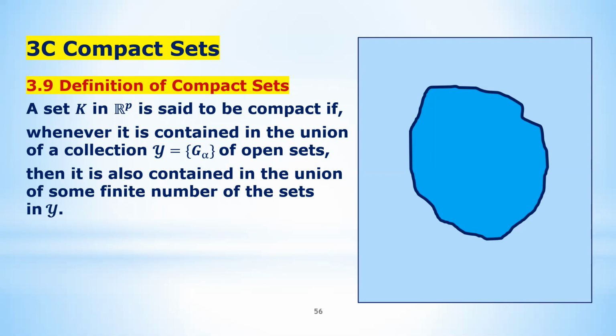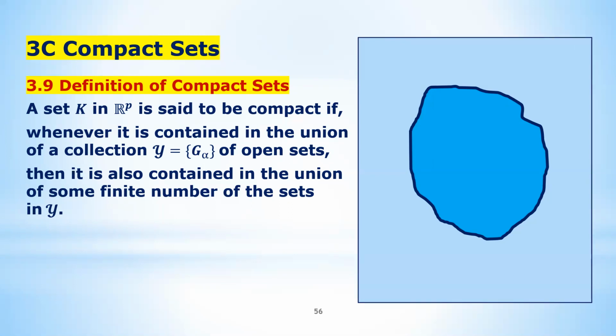What this means is that the original family of open sets may carry an infinite number of open sets, or even uncountably many. However, if K is compact, then you can always find just a finite number of them to cover K. Okay, I'll show you a picture of this.